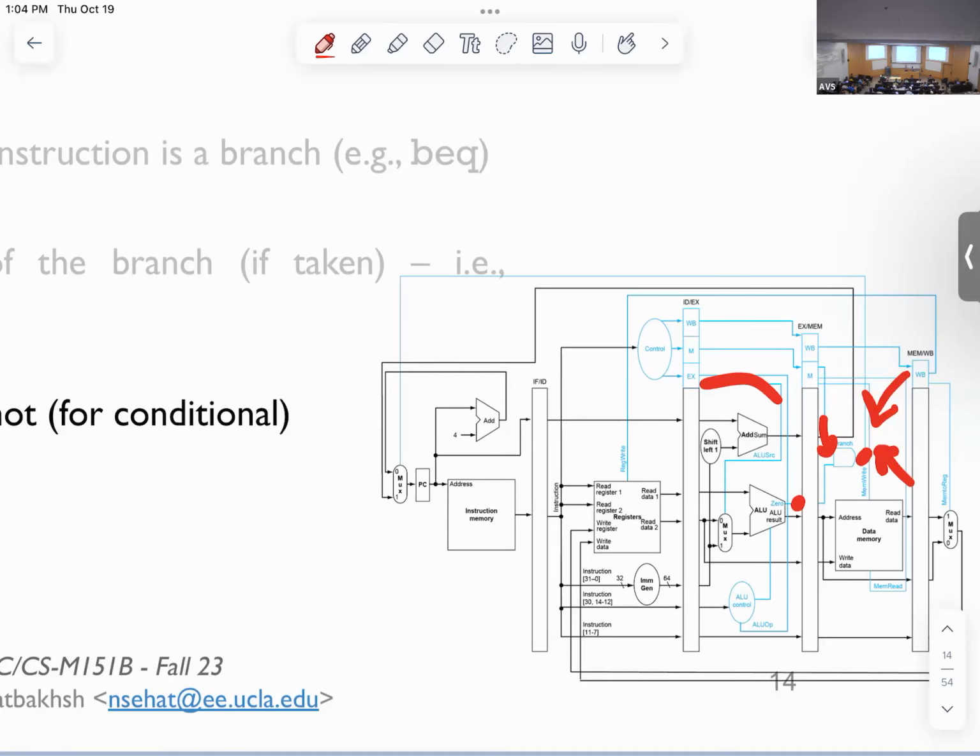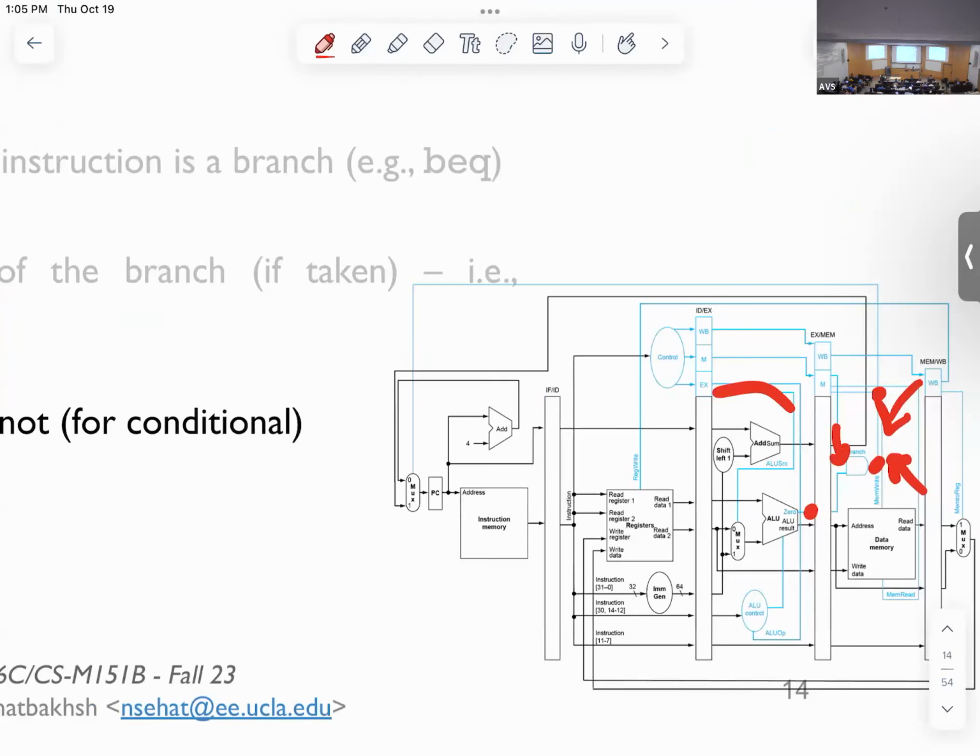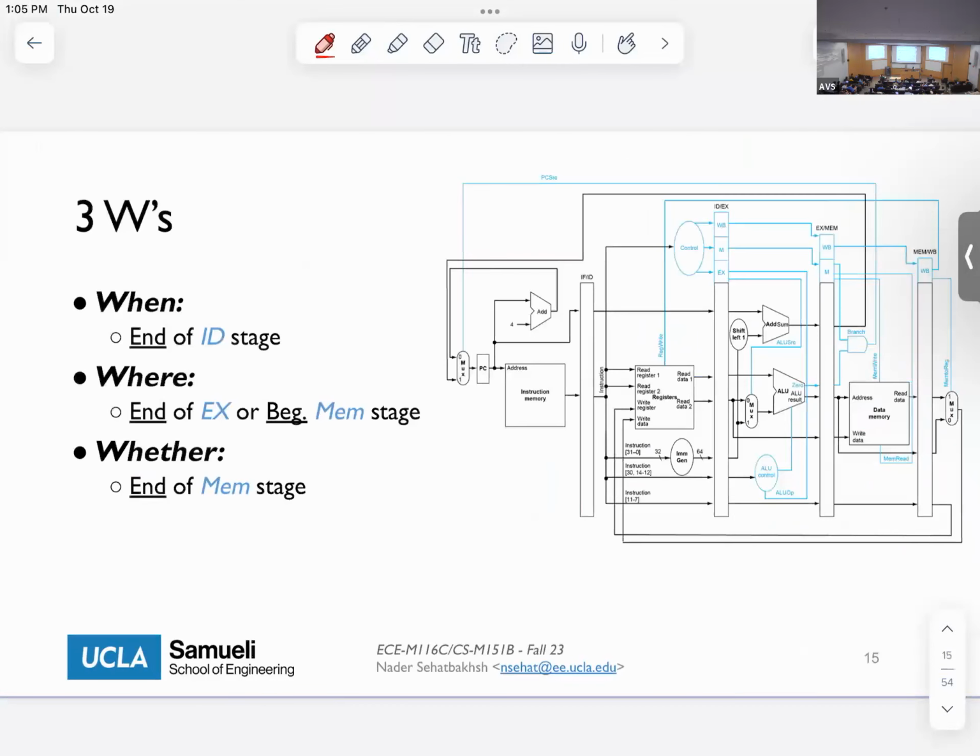The outcome of this, equal to 1, is known somewhere in the middle of the memory stage. So to answer these 3W questions: the when part is known from the middle to the end of the decode stage.